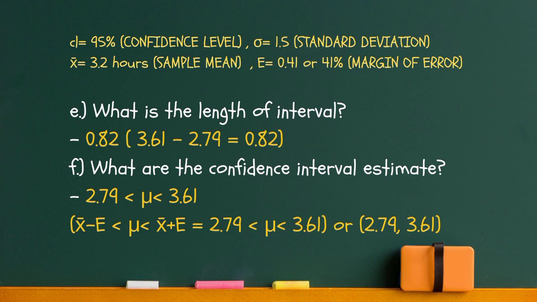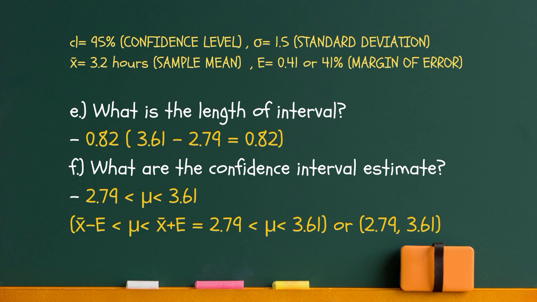So the sample mean minus margin of error is 2.79, and that is our lower confidence limit, which lies between the upper confidence limit of sample mean plus margin of error of 3.61. And tada! That is our confidence interval estimate.